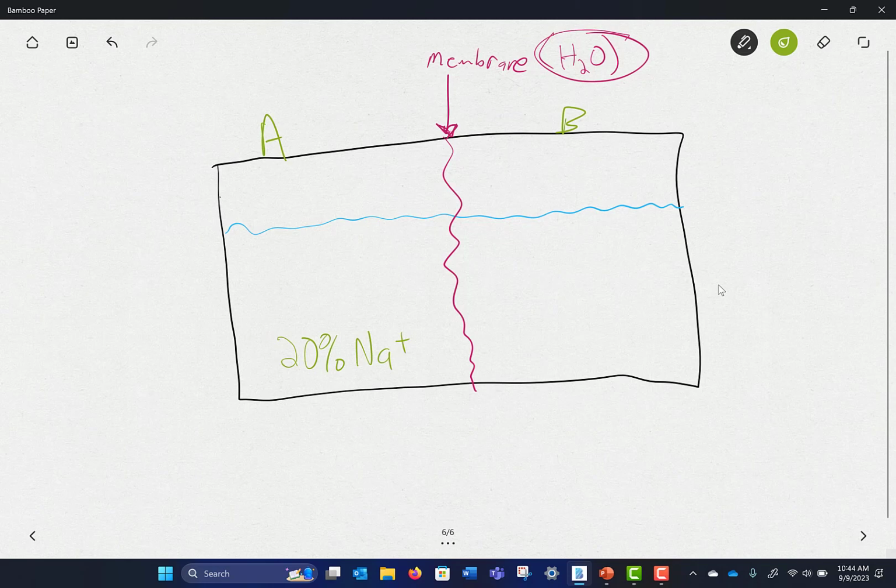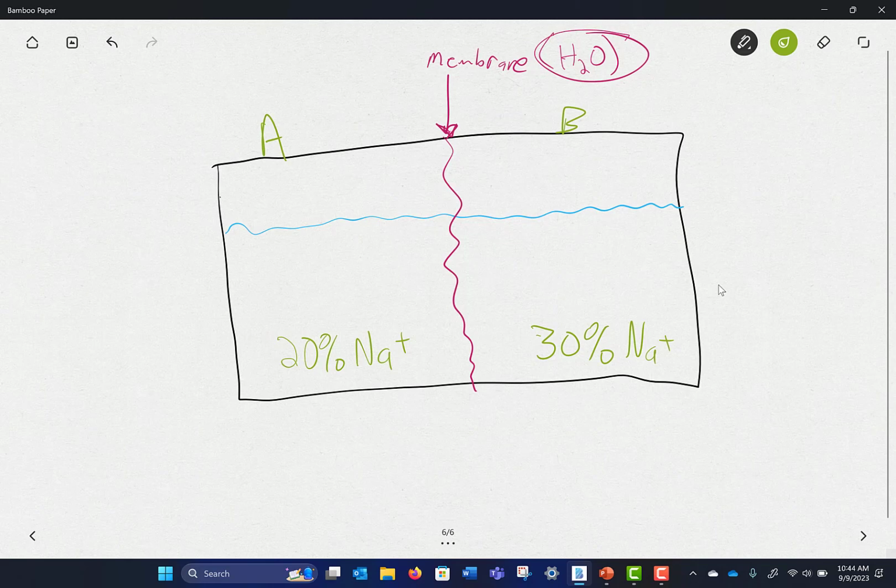And we're going to say that solution B is a 30% sodium solution. Now, that's all the information that we are given. But even though that's all the information we are given, we automatically know a few things.